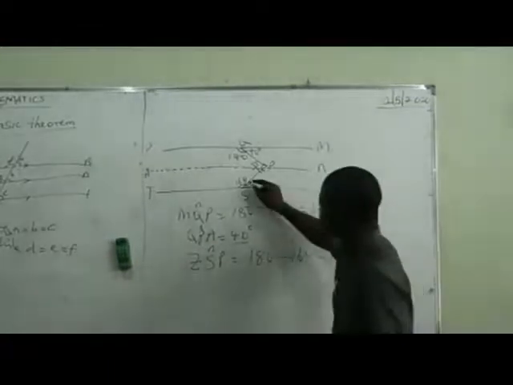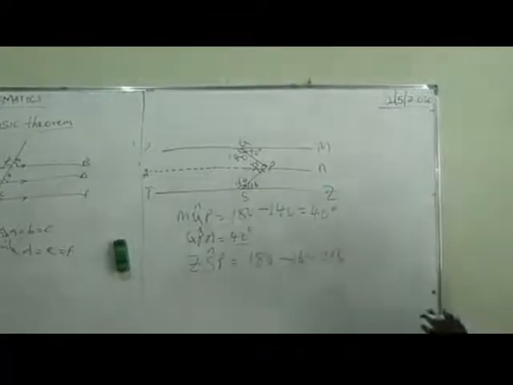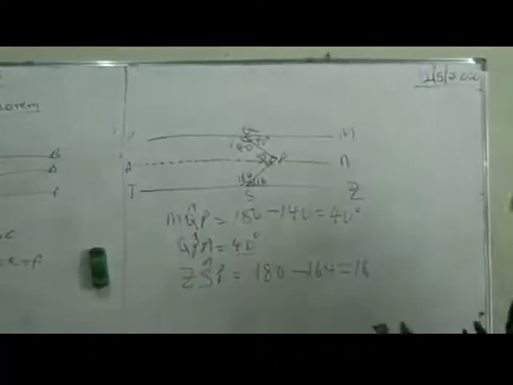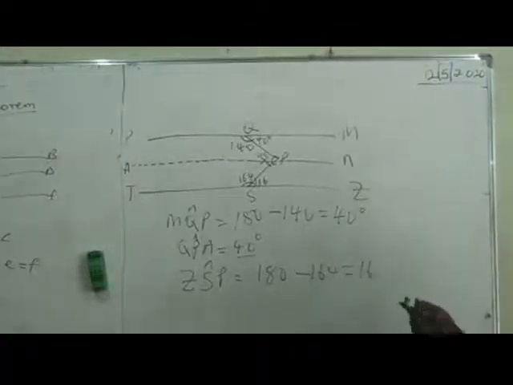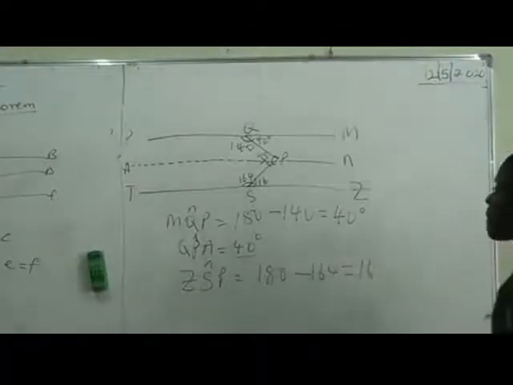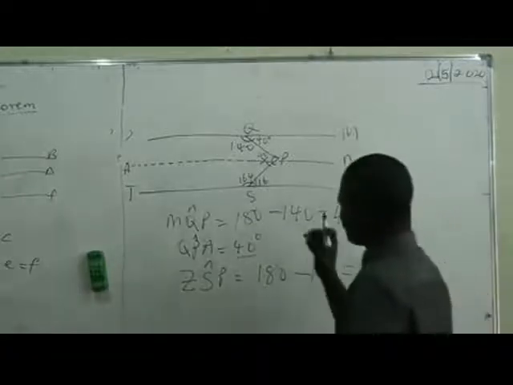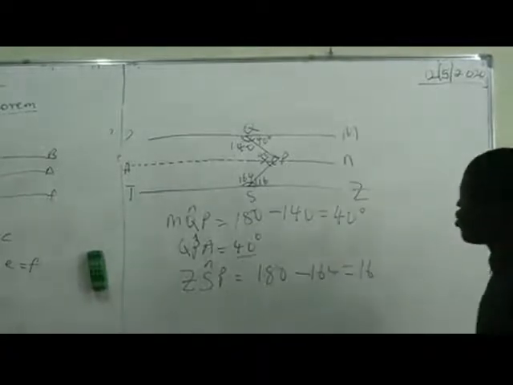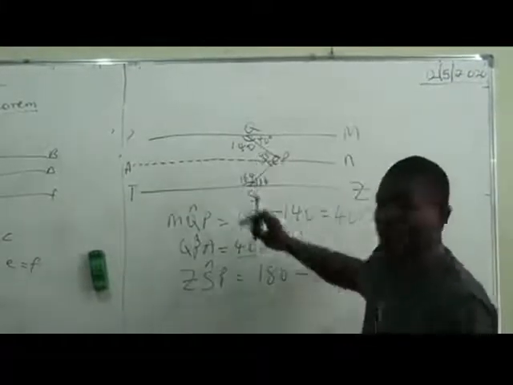So because of that, here becomes 16. Angles on a straight line are 180 degrees. So for you to get any of it, you must subtract the one given from 180 degrees. Now we have this place. It's very interesting mathematics, right? Now, you can also see that angle SPA, there is an angle here.